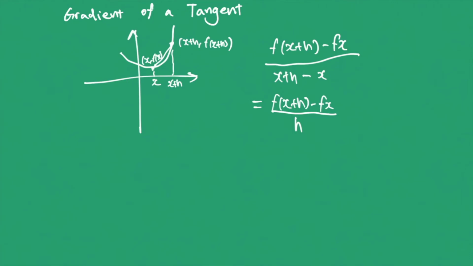And remember how we said that if one of the points gets closer to the other, the secant will become a tangent. So in this case, when h is approaching 0, the gradient of the secant becomes the tangent. So, in order to find the derivative function of the tangent, we need to make the limit of h be 0.